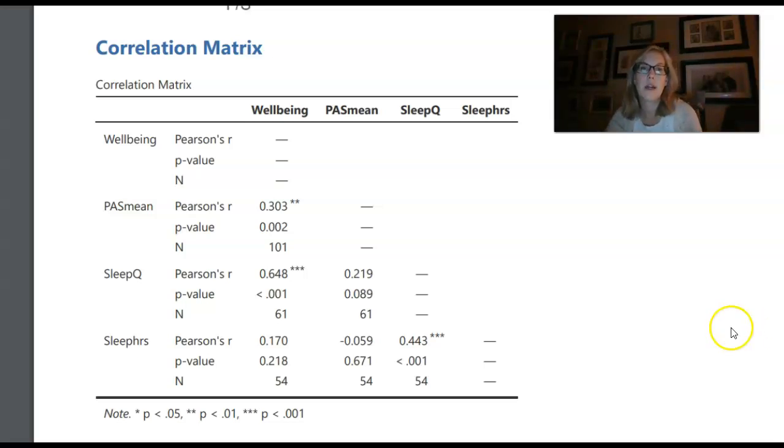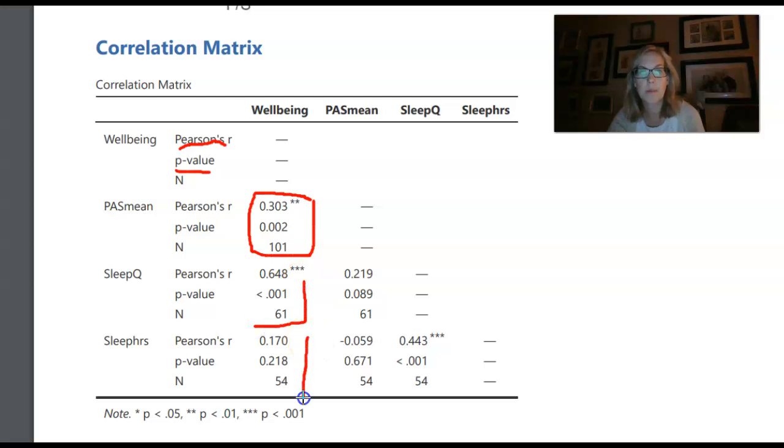And so here you can see that the first line you get is going to be the Pearson's r and then the p-value. And for the p-value, you want p less than 0.05, right? So this is the relationship between well-being and perceived anxiety. This is the relationship between well-being and sleep quality.